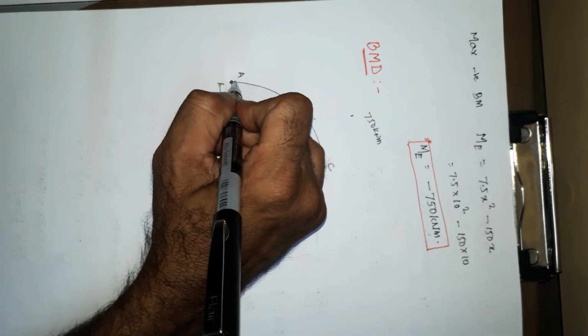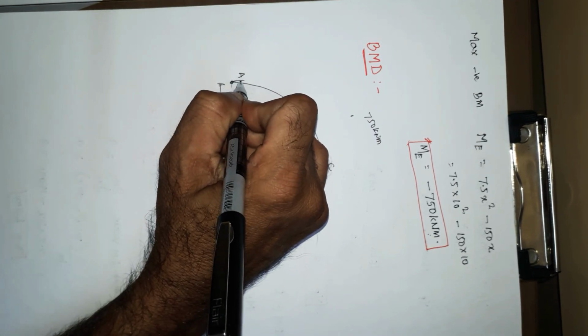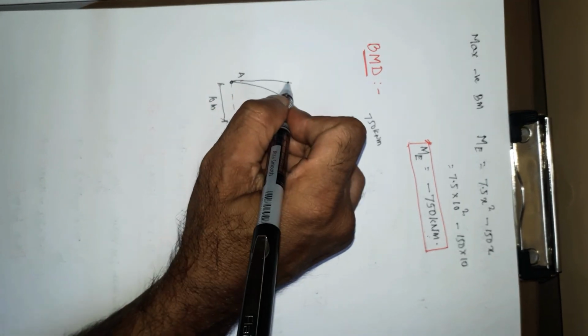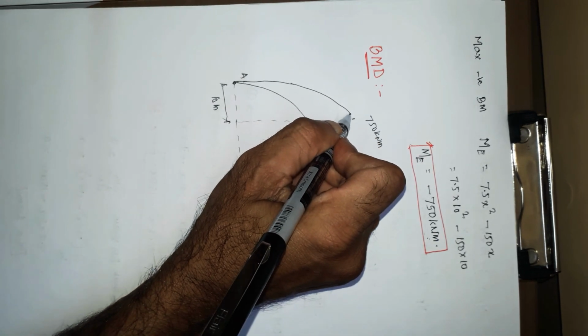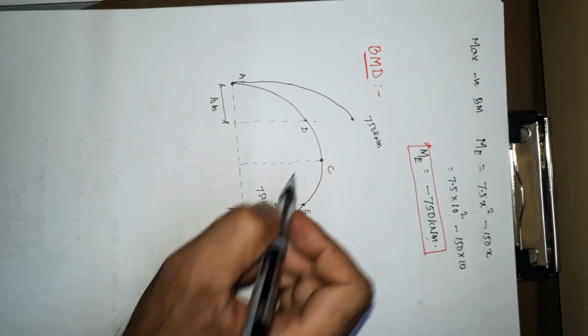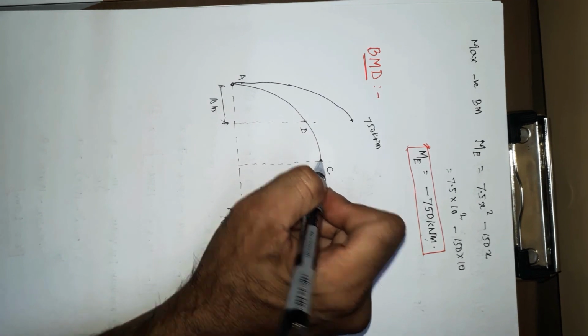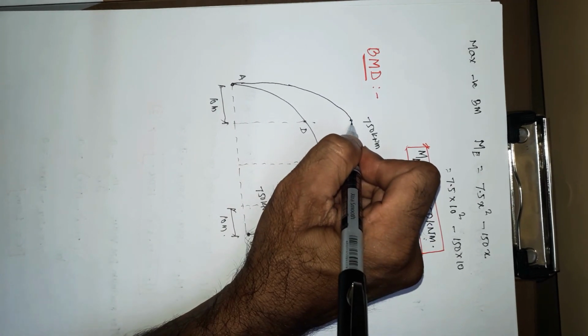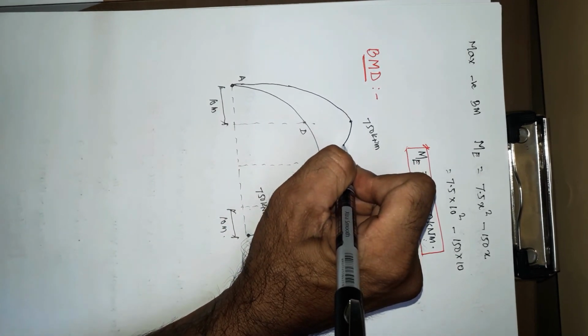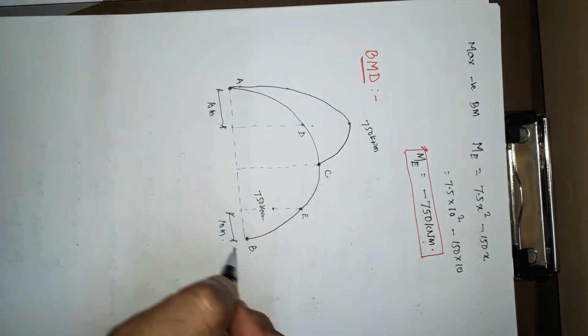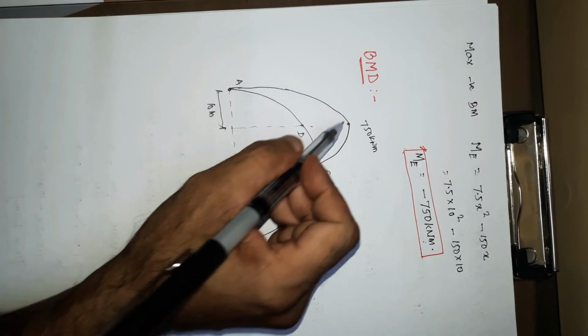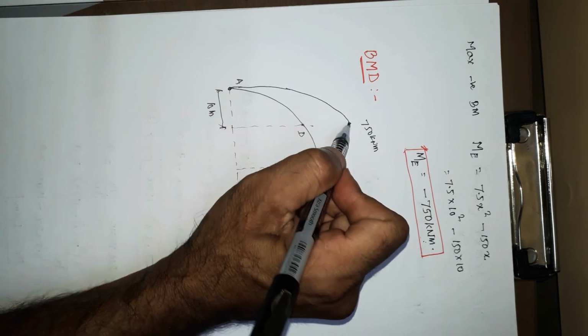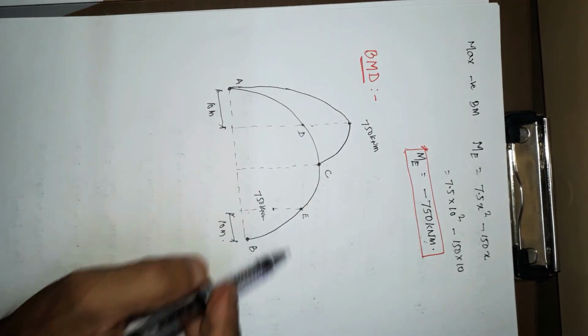So since UDL is there, this will be a curve, and this is the maximum value. Then up to C it is a UDL. Here also it is a curve, because A to C has a UDL, and this is plus 750 kilonewton meter.